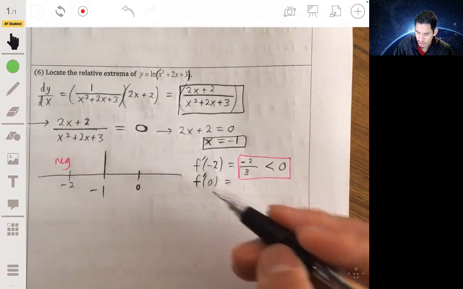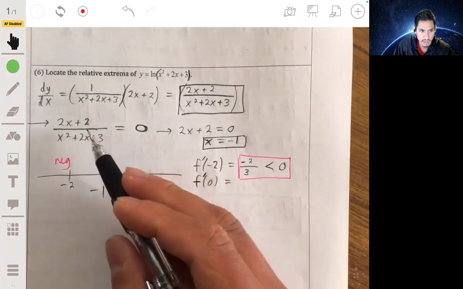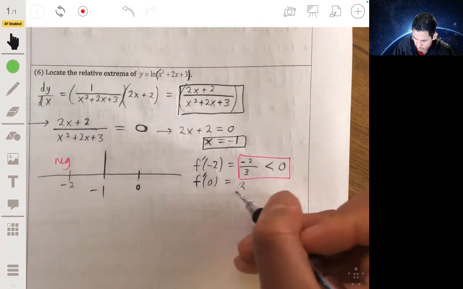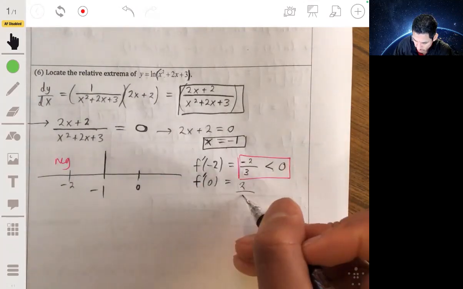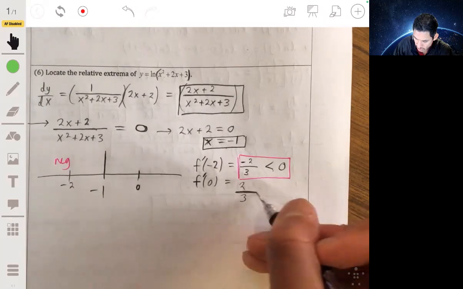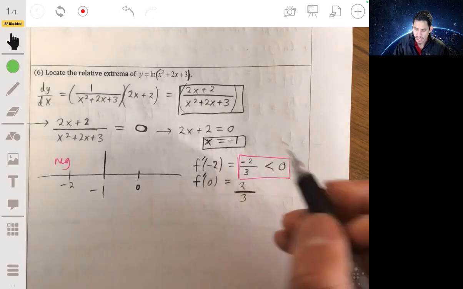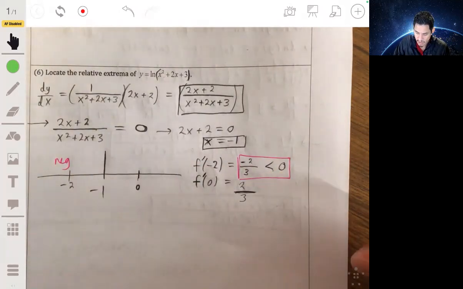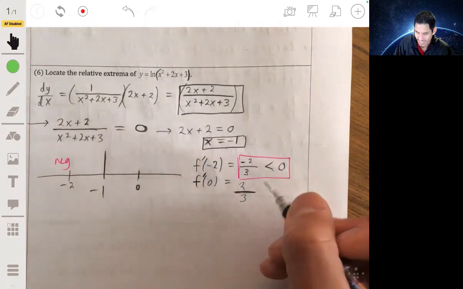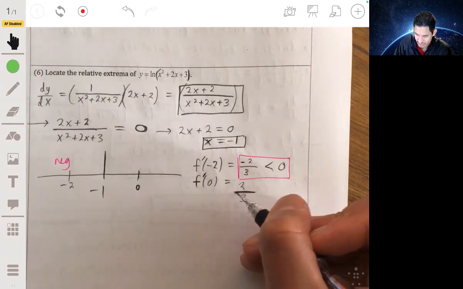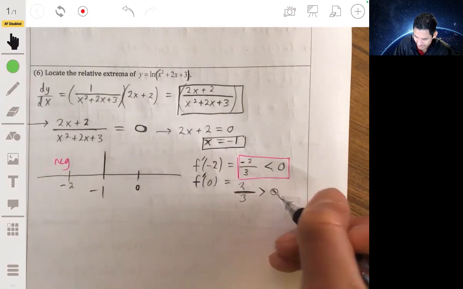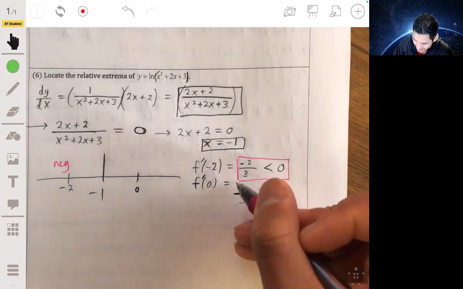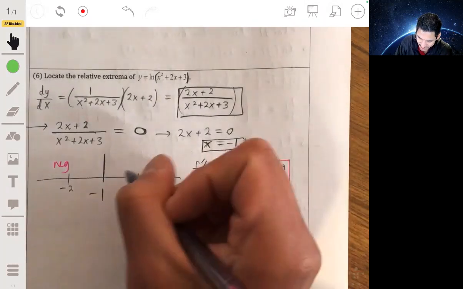Now f prime of 0. That would be 0 plus 2, so 2 over 0 plus 0 plus 3. That actually does tell us something. This is a positive number. It's 2/3, greater than 0.